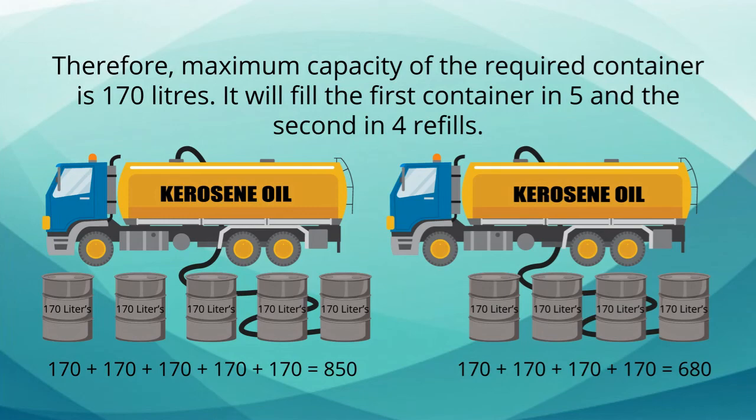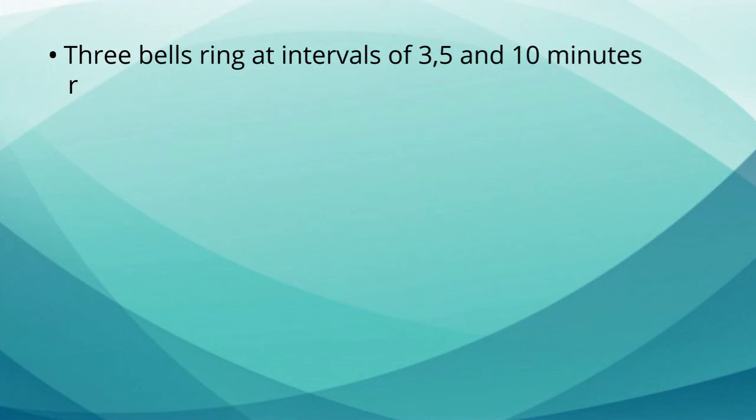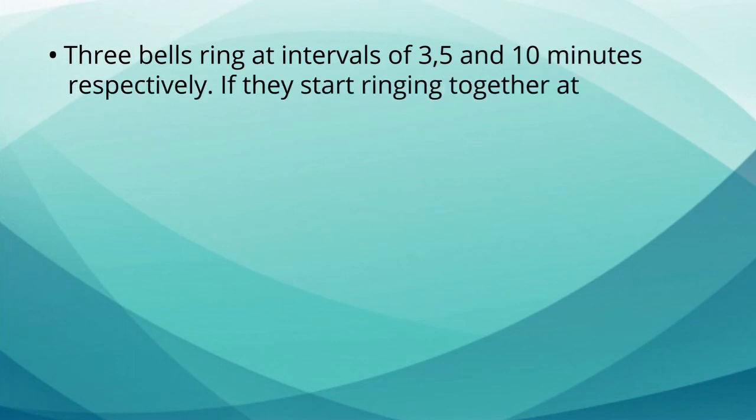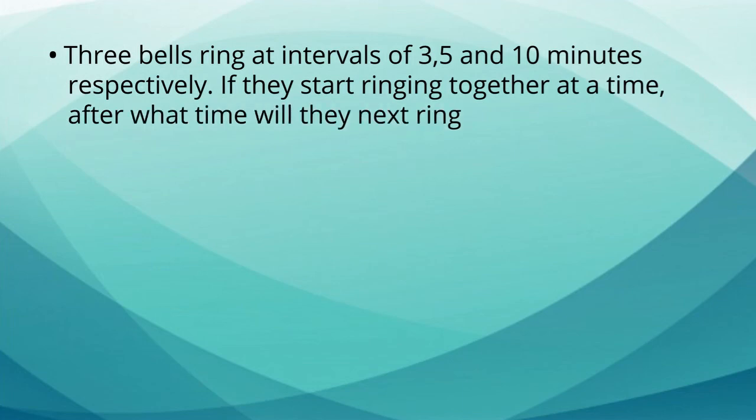Dear students, let us do another question to understand the LCM and HCF in a better way. 3 bells ring at intervals of 3, 5 and 10 minutes respectively. If they start ringing together at a time, after what time will they next ring together? In this case, we can see that the first bell rings at an interval of 3 minutes.